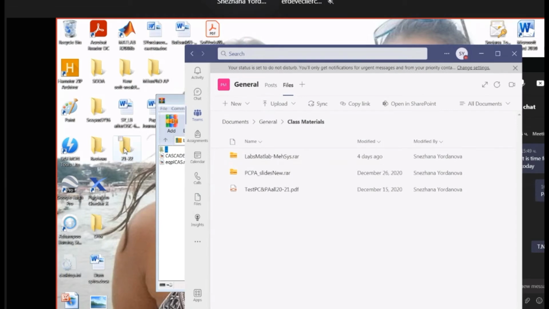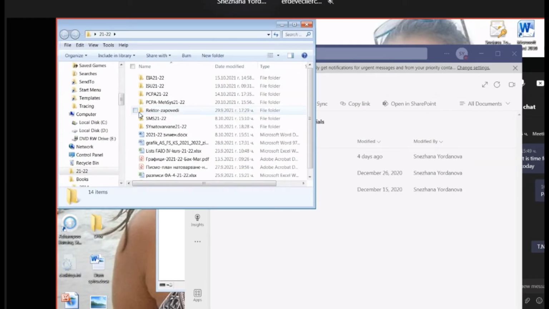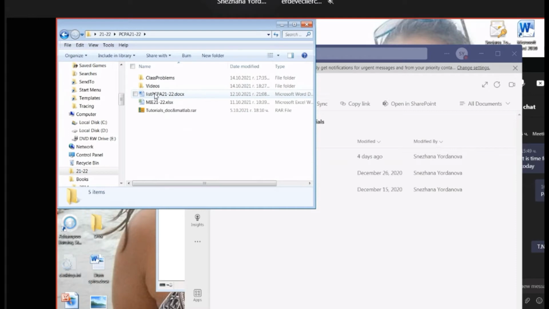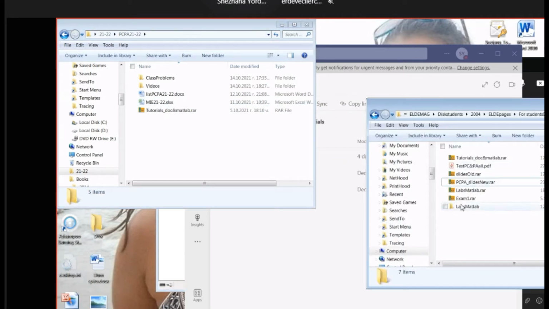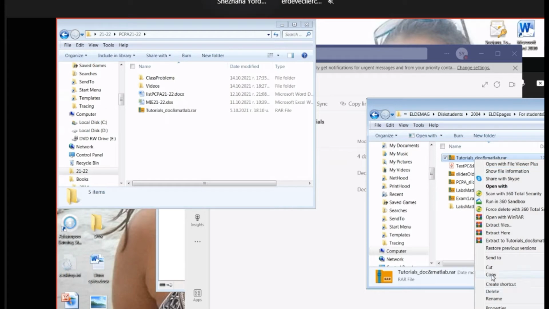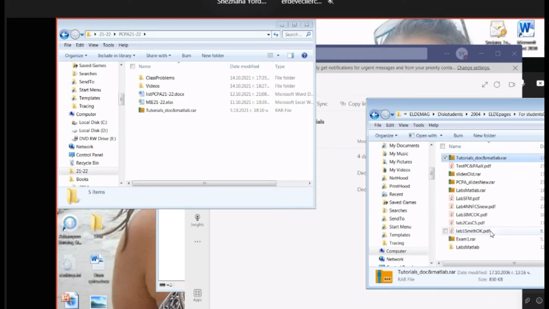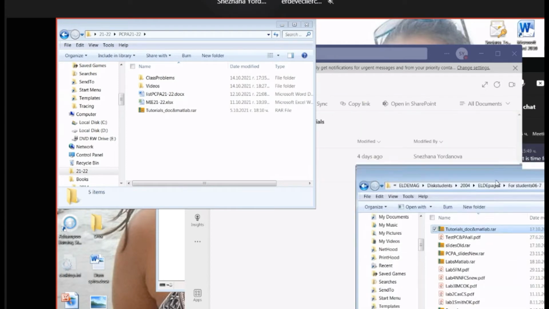Oh, perfect. Now I will add the documents, the manuals for this. It's not here. Students PCPA. Where are the manuals? Yes, here are the manuals.